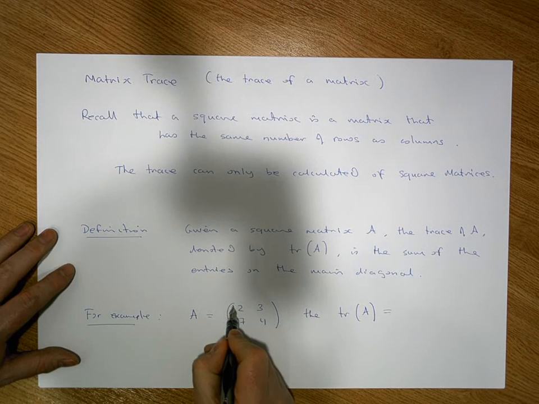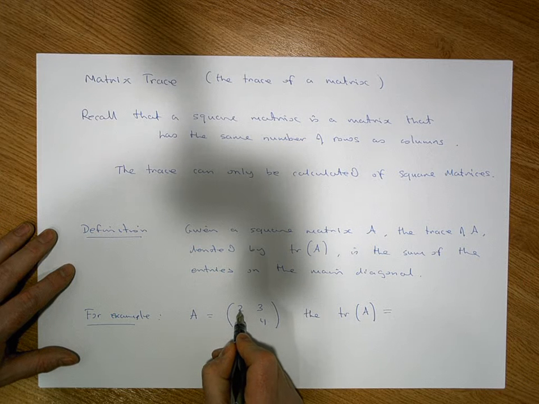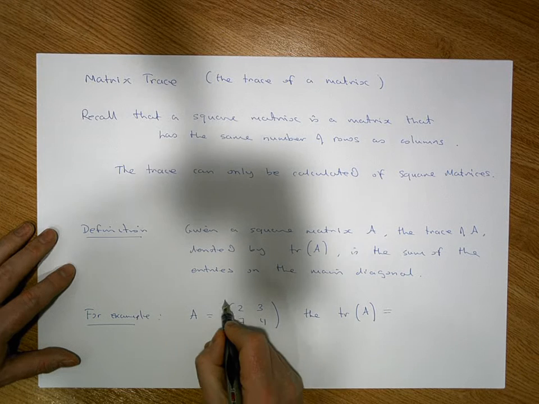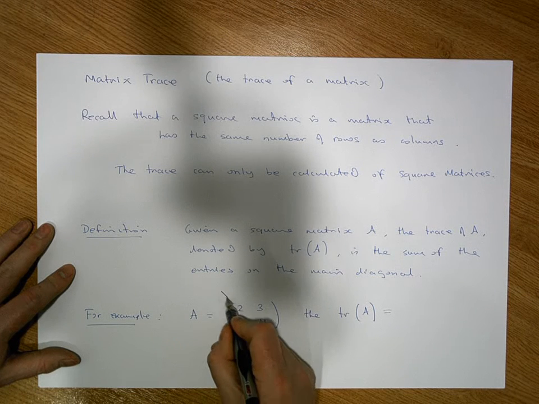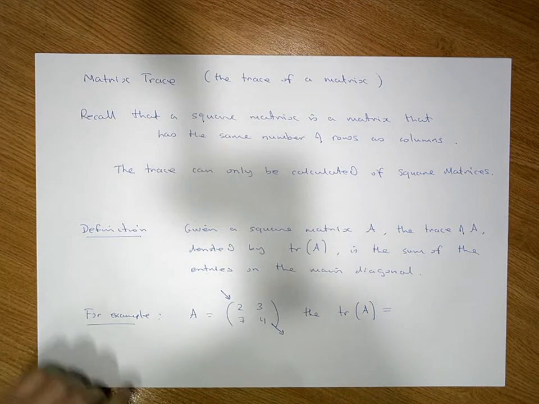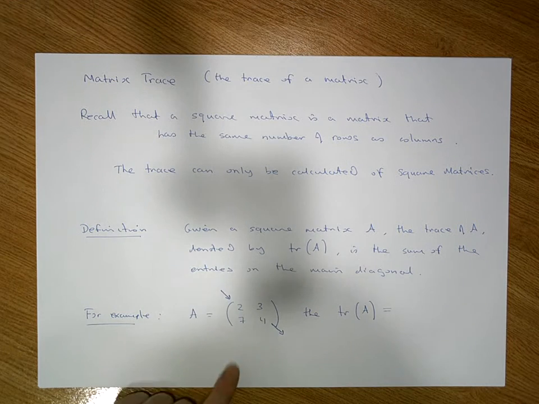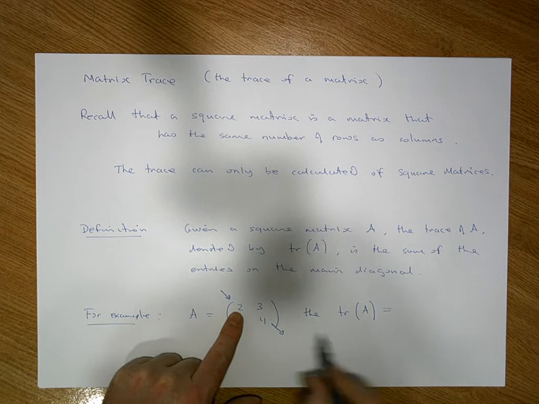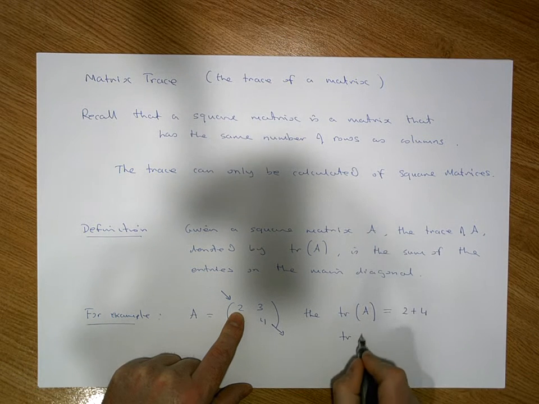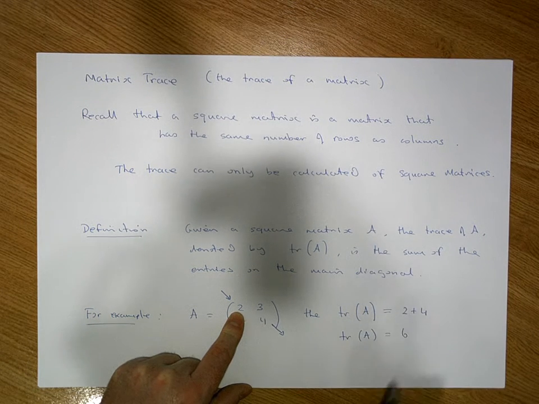And the main diagonal is the diagonal from the first entry on the first row down to the last entry on the last row, last column. So the main diagonal always runs in this particular direction. So the trace in this case is simply the sum of these two entries. So it's 2 plus 4, which tells us that the trace of A is equal to 6.